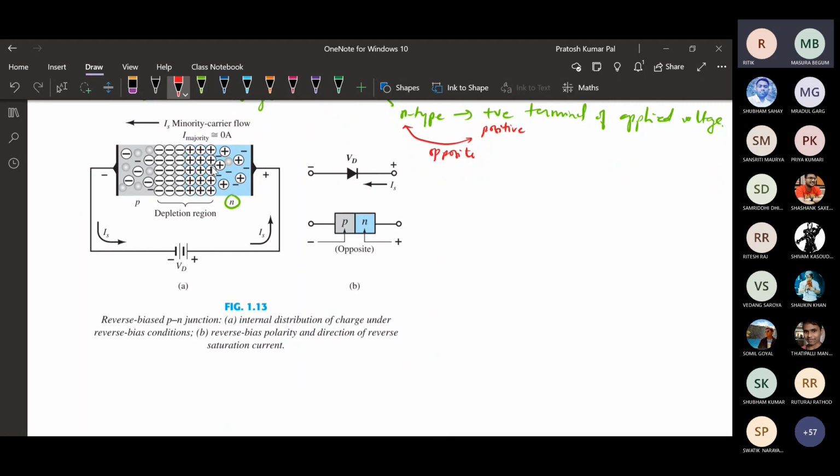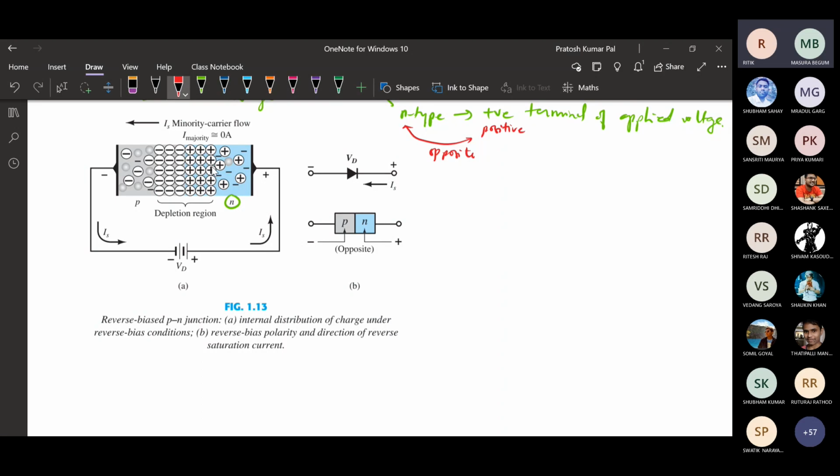So here, as we have connected these in reverse bias, consider the immobile charge carriers that are available. In this p-type there are immobile charge carriers of negative nature, that means negatively charged, and we are applying the negative potential to the p-type.